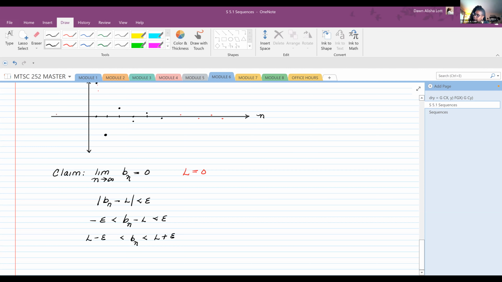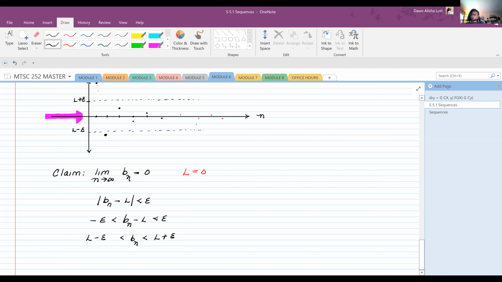My limit was 0, so L is equal to 0. Here is L plus epsilon, and here is L minus epsilon. I can do this for any number epsilon. For any epsilon, I need to know that my sequence is inside this.